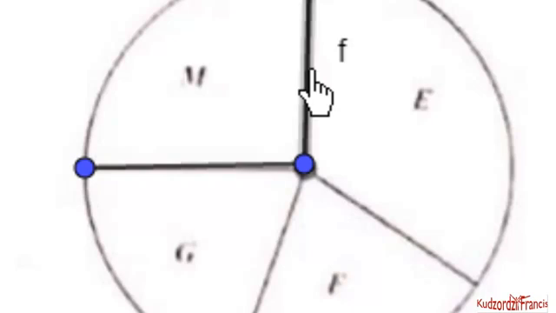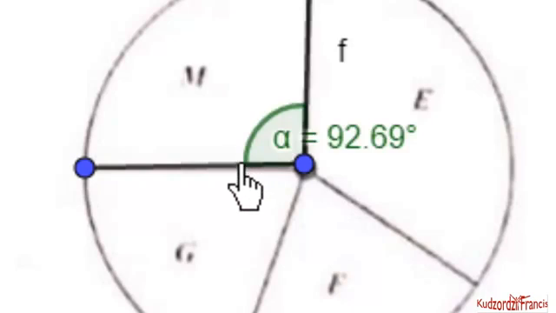So we need to measure this angle here, and you need to use your measuring tool, the protractor, because it says that it was drawn to scale. So I measure this way, and this is what my protractor gives me, 92.69.